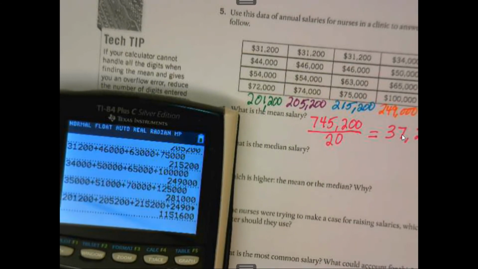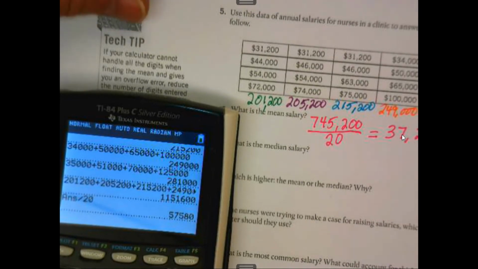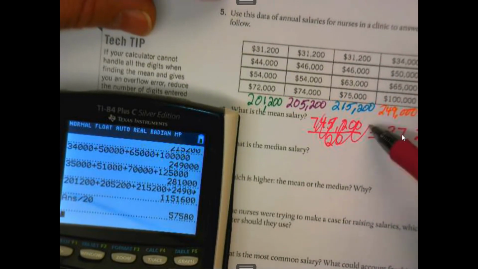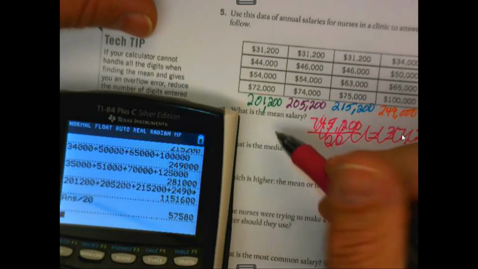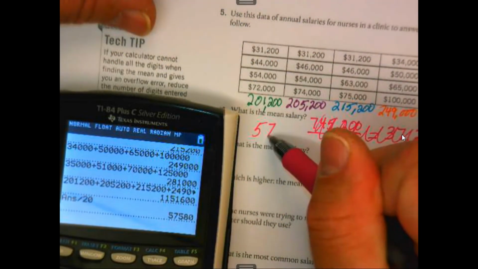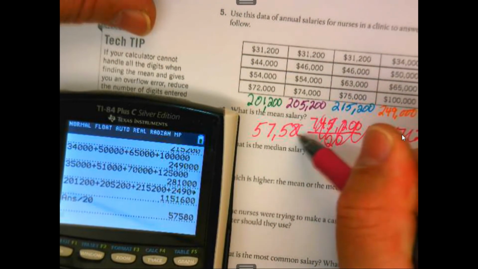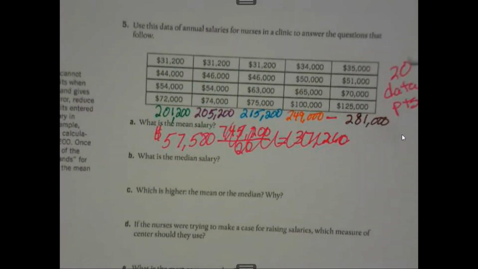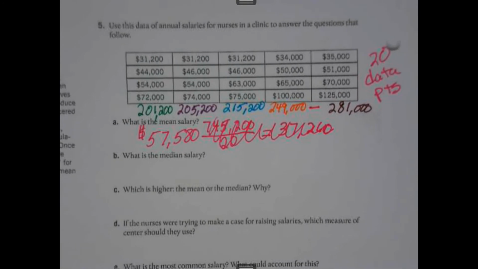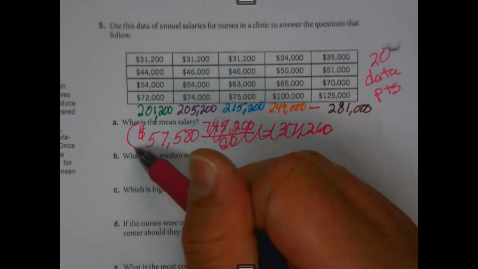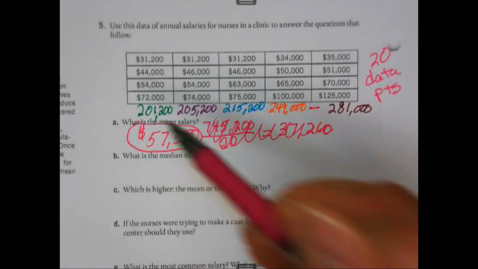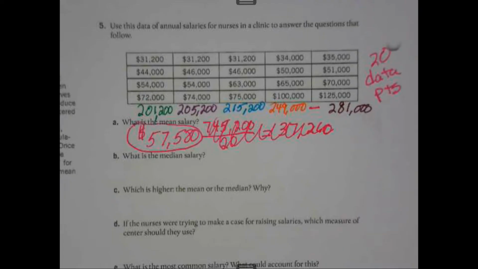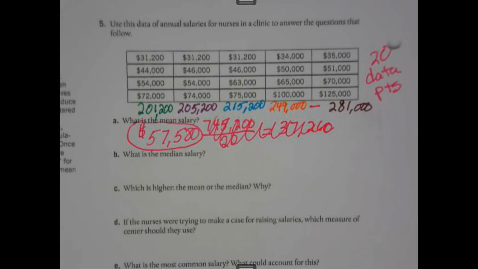Enter, and then divide by 20. Yeah, much better. I get 57,500. Kind of a pain in the butt, but especially if you make a mistake, at least I realized that it didn't make sense to me, so I went back and checked.